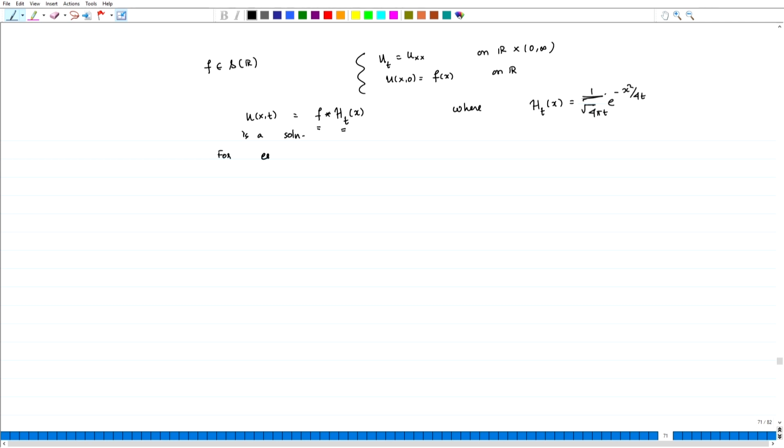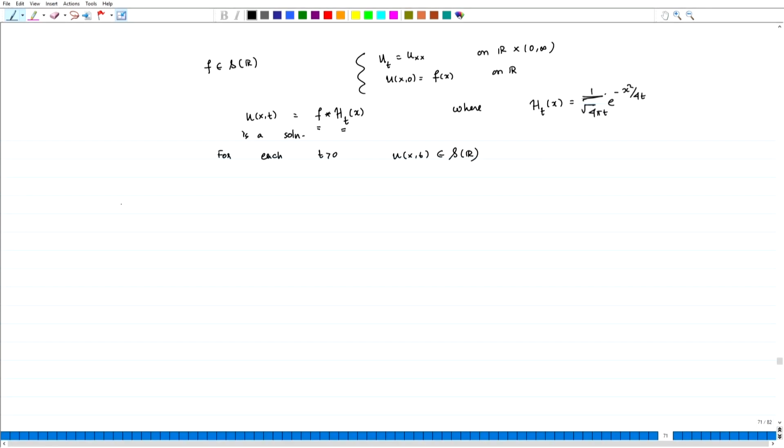For each t greater than 0, u of x, t belongs to the Schwarz space of R in the space variable. What we will observe is that this is, in a certain sense, uniform over t. So what do I mean by that? Let us write it as a proposition.